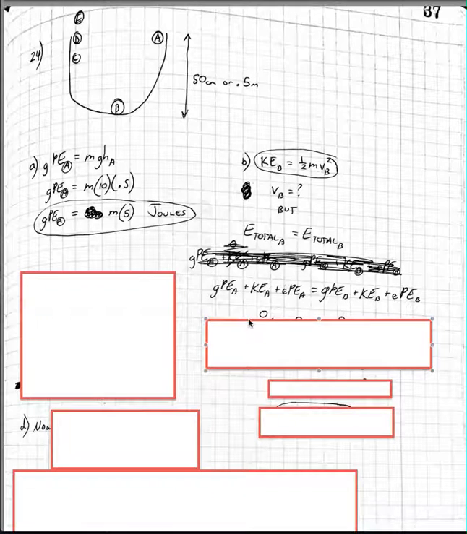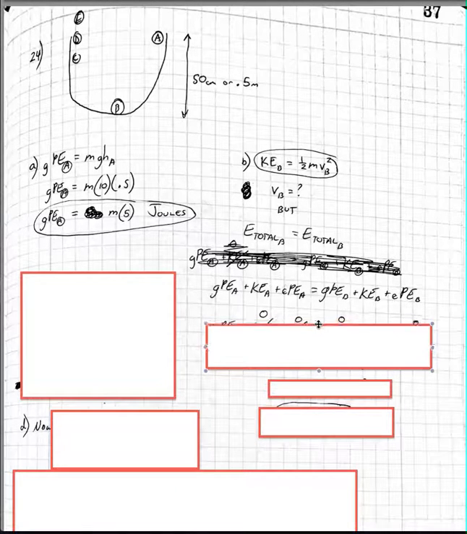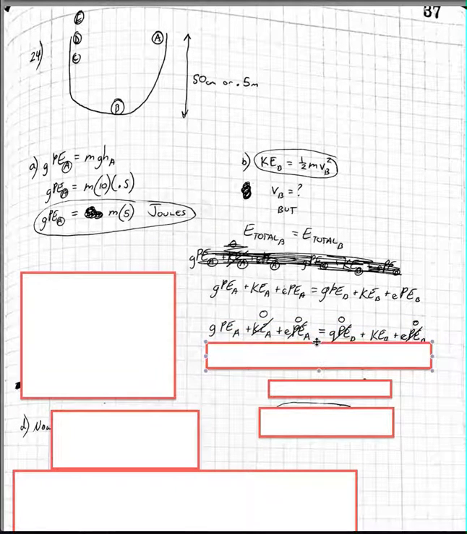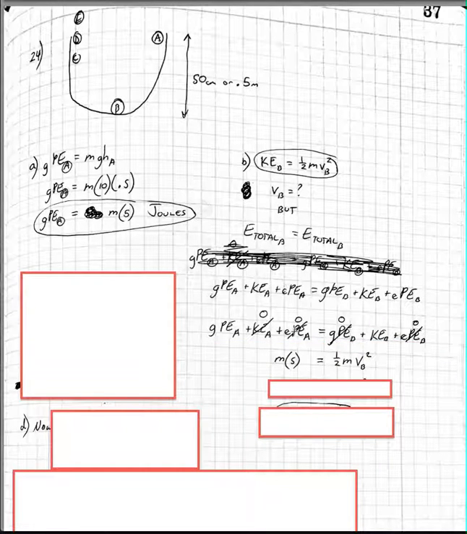At A, it only has gravitational because there's no movement and no spring at all. And at B, if we make that our height 0, which we kind of have by making this 50 centimeters, we know that there's no gravitational, there's no spring still. So we get that the gravitational at A is equal to the kinetic energy at B.